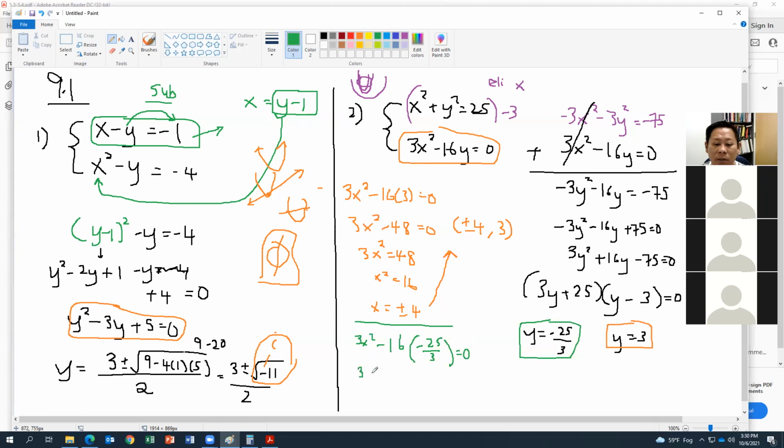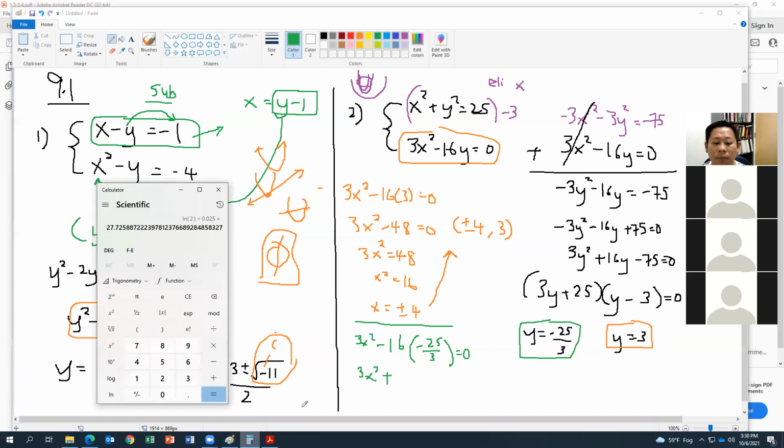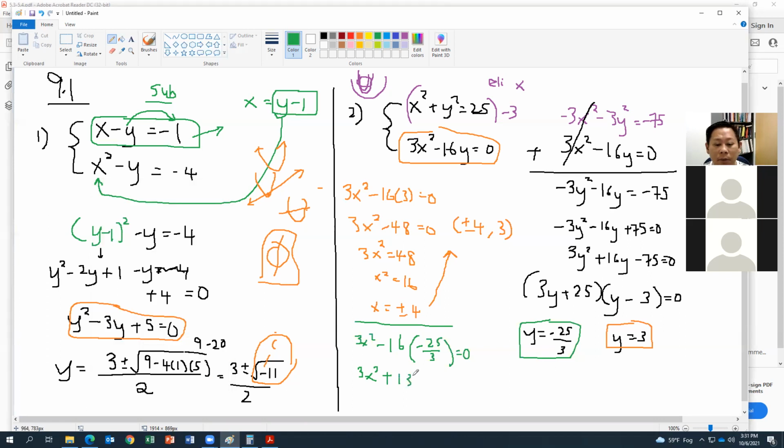So this is 3x squared plus 16 times 25/3. So you get 133.33333, and you'll find out this one is no good. When you subtract this, you get negative 133.333, and then you divide this by 3.